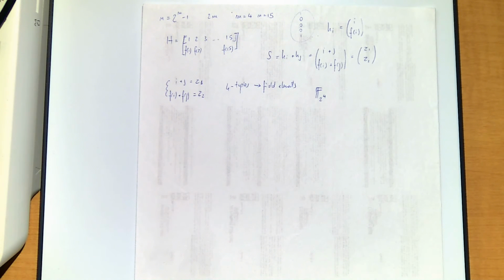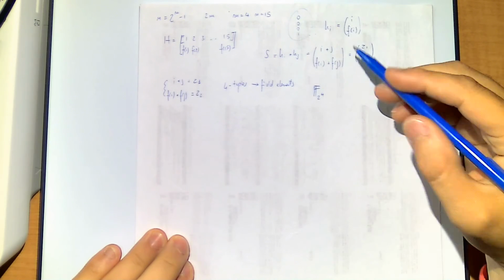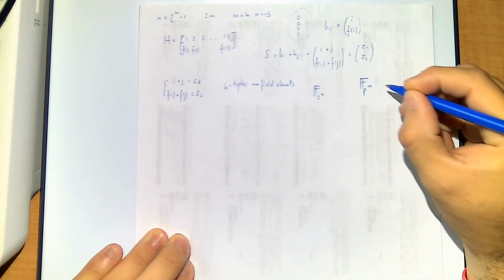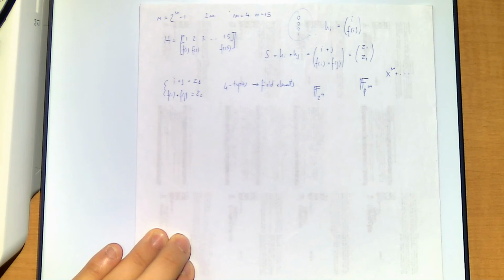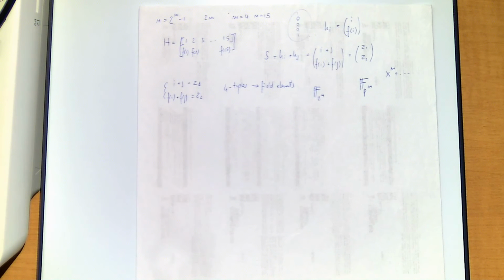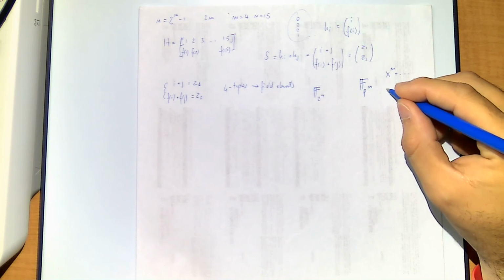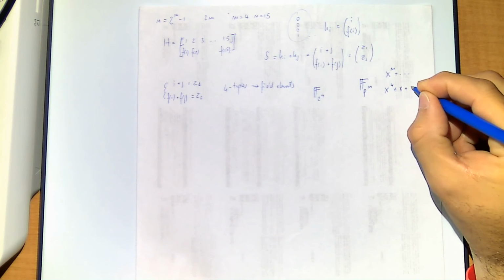Remember how this is defined: F2 to the 4 is not the same as Z16. It's not just 1, 2, 3, 4, 5, up to 15, but it is defined as the set of polynomials modulo an irreducible polynomial, like F p to the m, modulo a polynomial like x to the m plus other stuff. This is what we saw when we looked at the construction of finite fields. It's all going to be the remainders of the division by this irreducible polynomial of degree 4. The hint here is that for 4, that's going to be x to the 4 plus x plus 1.